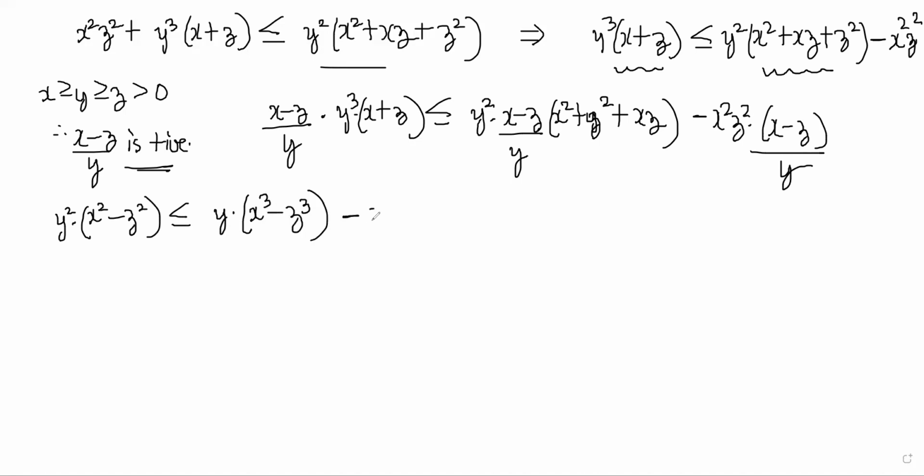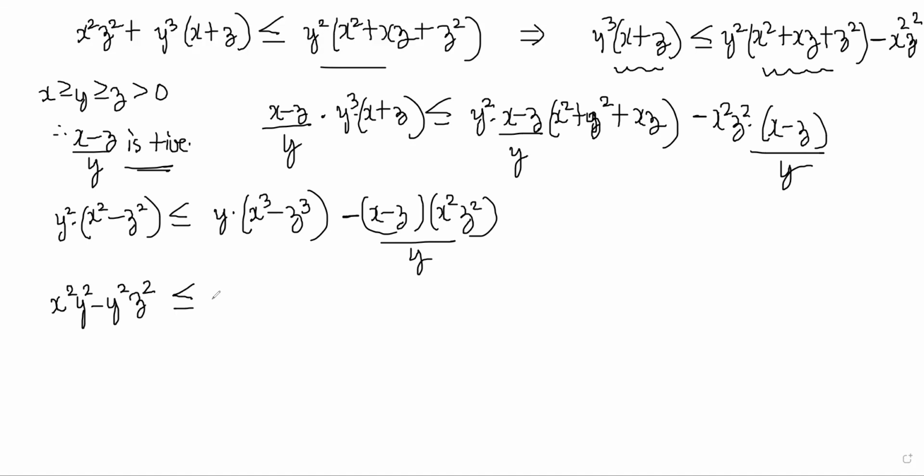And here you get minus (x minus z) x square z square by y, right? Okay, so simplifying these terms, we get x square y square minus y square z square is less than or equal to x cube y minus y z cube.